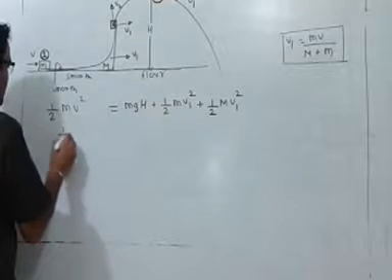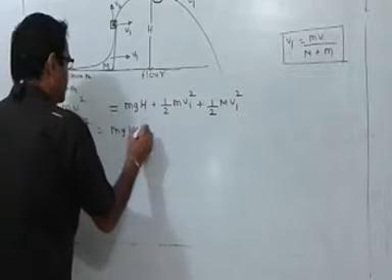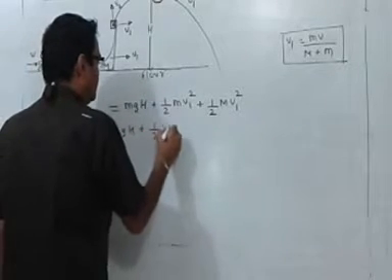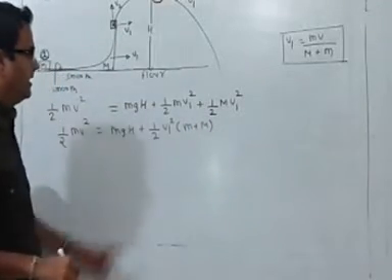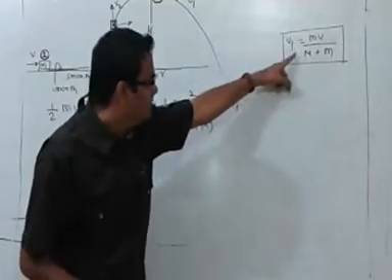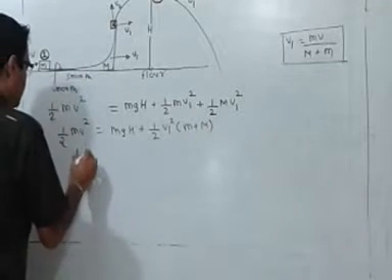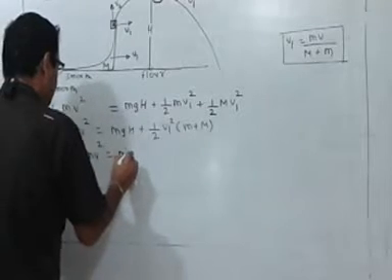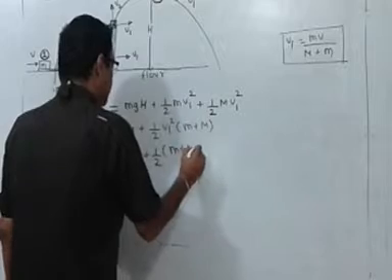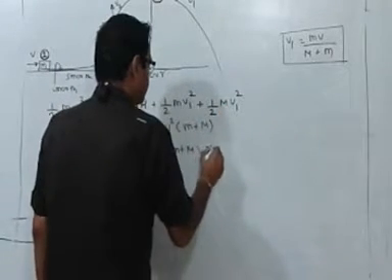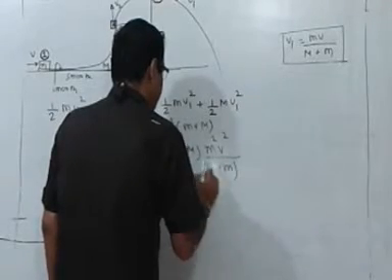So let us do this. Half m v square equals mgh plus half v1 square common into small m plus capital M. v1 square I am going to borrow from this particular expression. So half m v square is equal to mgh plus half into m plus M, and v1 square is m square v square upon (m plus M) whole square.